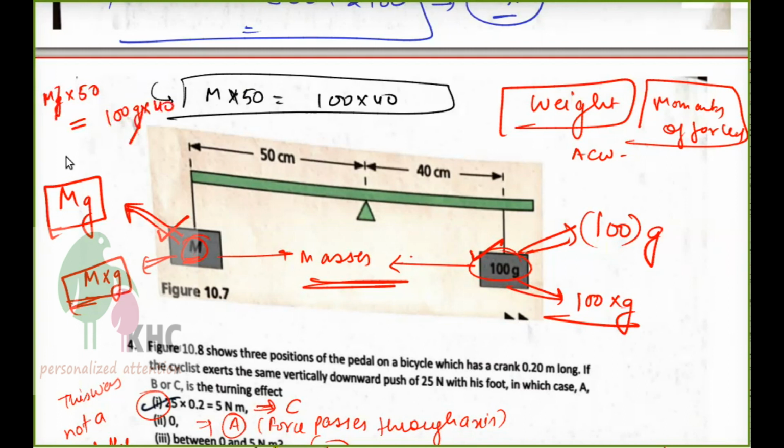And then these g's are going to cancel out, and you are going to have m multiplied by 50 equal to 100 multiplied by 40. This was not required here, but we did this here because if we don't, we are going to be conceptually wrong.